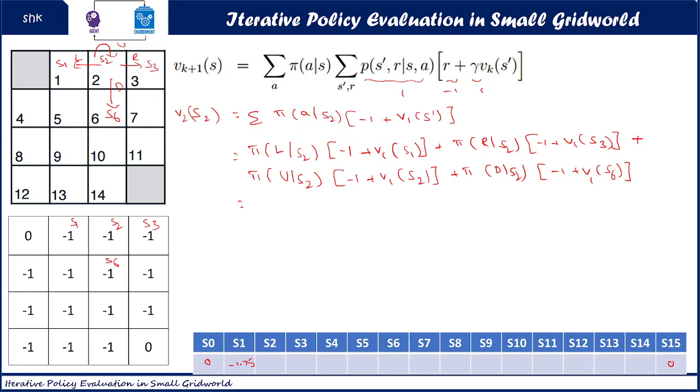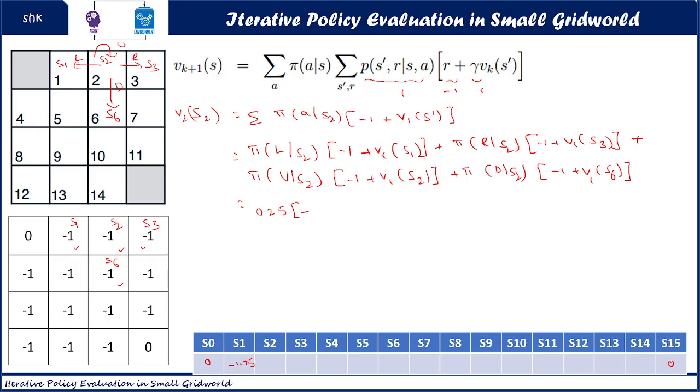So what is the value we can write? For all the actions from any state, the probability is equal to 0.25 into, now we'll substitute the V1 values. Now if you observe V1 of S1, S3, S2 and S6, for all these four cases the value is minus 1.